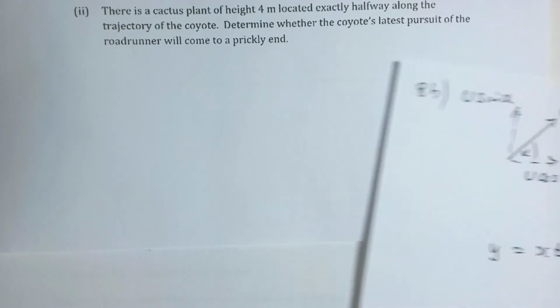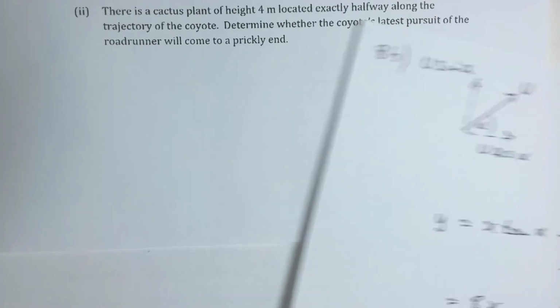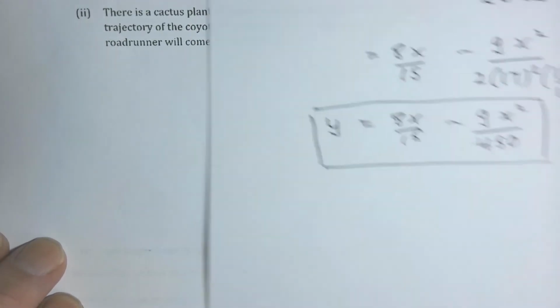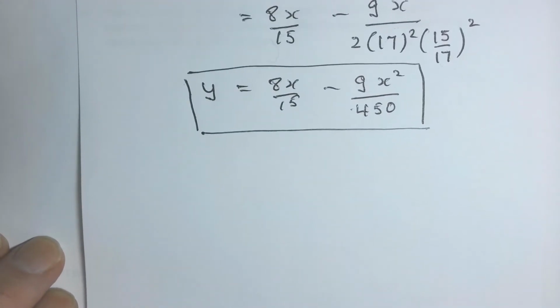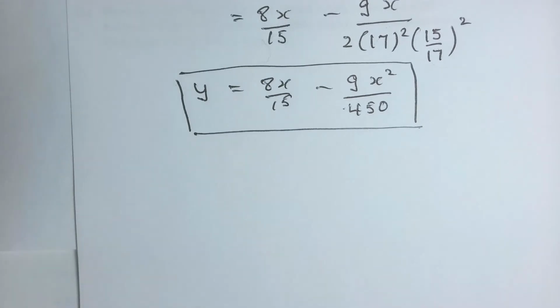Okay, anyway, what they're really trying to do with part C is to get you to use this equation that we've derived and to put in different values to find a piece of information from it.